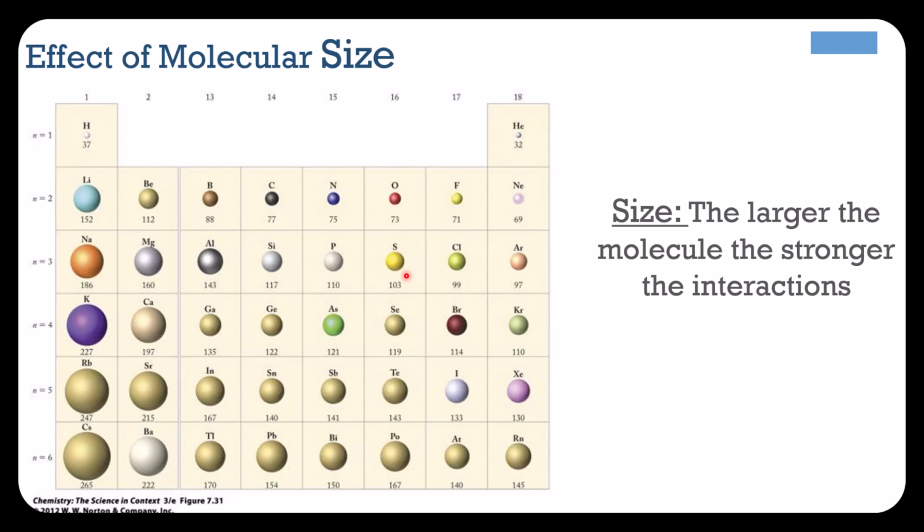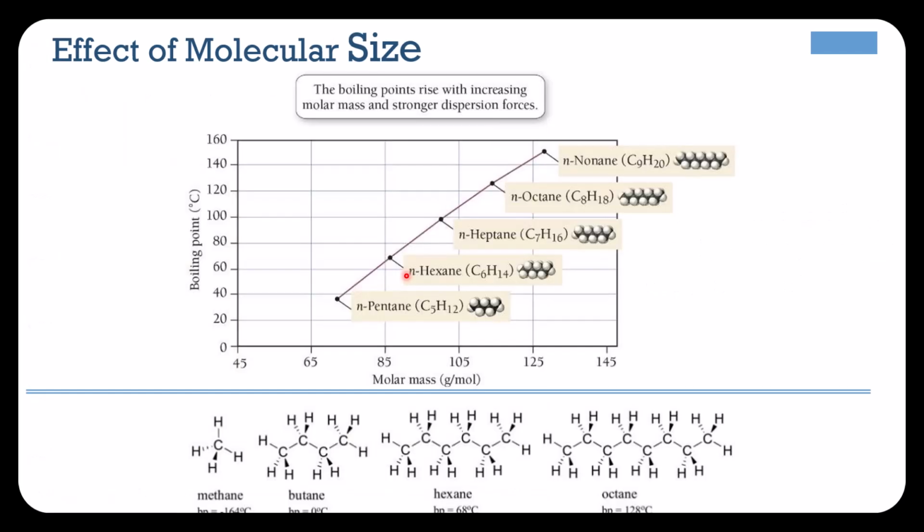Something with a higher molecular mass is going to be a bigger molecule. So here we see a series of organic molecules. Again, I know you're not terribly familiar with organic molecules, but the more we expose you to them, the more comfortable you're going to get.